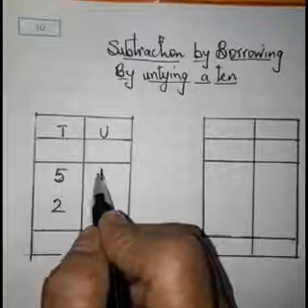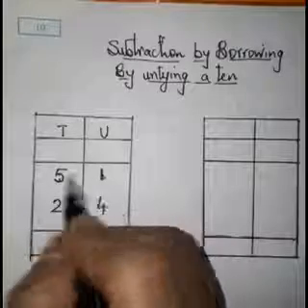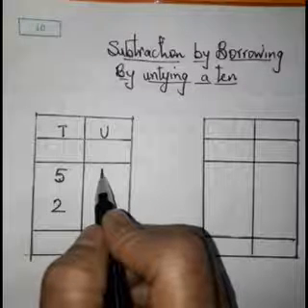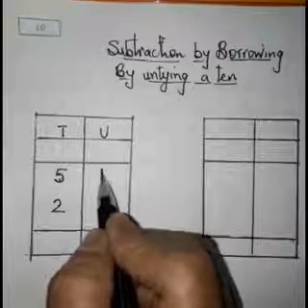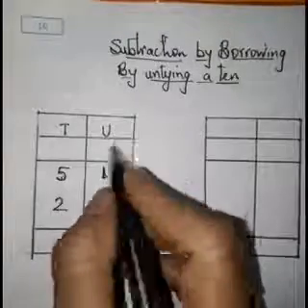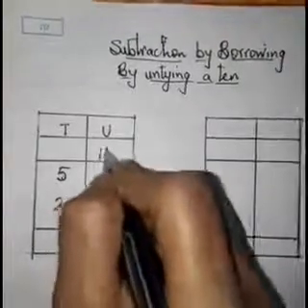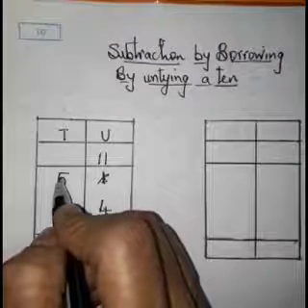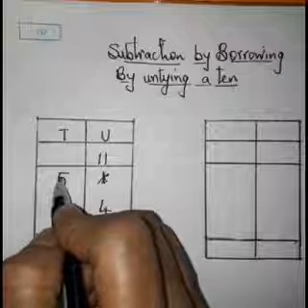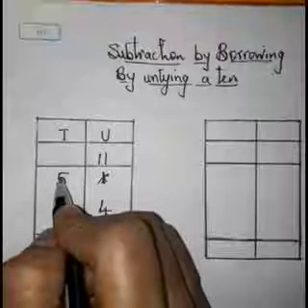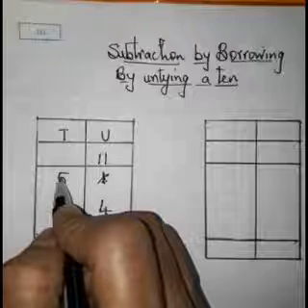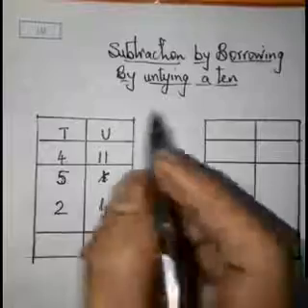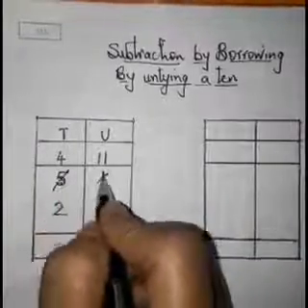Now when I convert it into unit, it becomes 10 units. If I take 1 tens from here, convert it into unit over here, it becomes 10. So 10 plus this one becomes 11. Now this 5, that means I had 5 notes of 10 rupees. So I am left with 4 10 rupees notes because one I took over here.